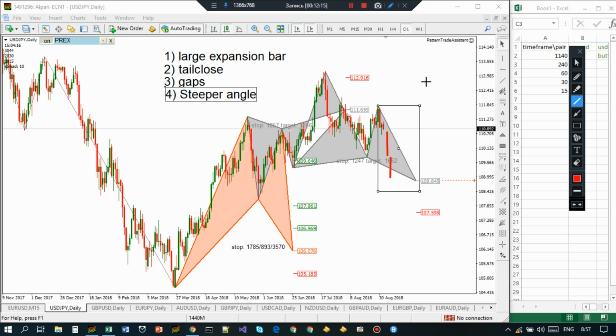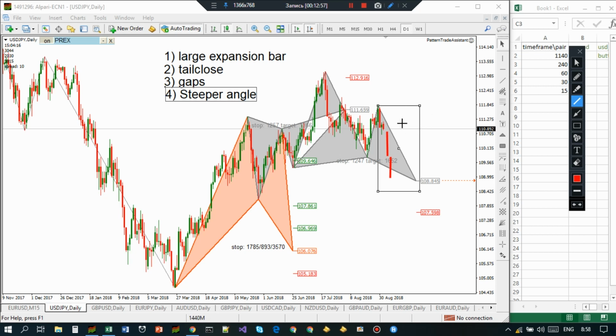Okay, and even if you have these warning signs, even if you assign some value to your patterns using these warning signs, those that can be entered with limit orders, those that should be confirmed, or those that should be skipped, even if you use this kind of grades, or points, or scores, whatever you create, you still can have losses.